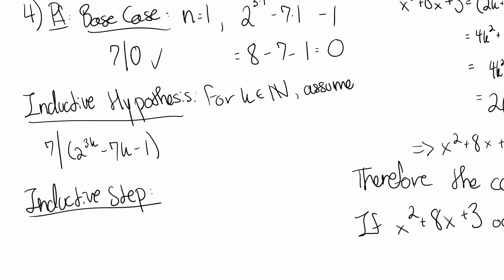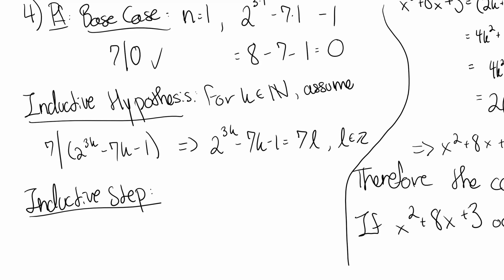Inductive step. So we could talk about what we want, or maybe what we could do, so we can elaborate more on this. So then what happens? 2^(3k) minus 7k minus 1 equals 7 times L for L in the integers somewhere.